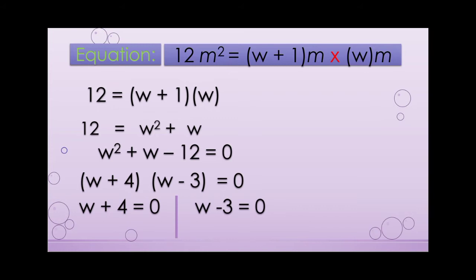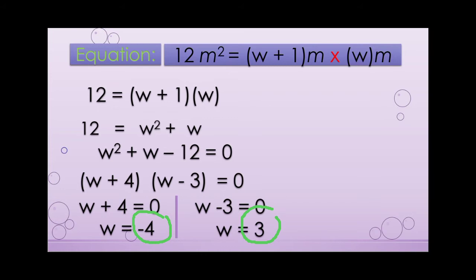Then, let us solve now for the value of W. For the first equation, we have W is equal to negative 4. And in the second one, we have W is equal to positive 3. Now, which of the two values of W do you think is the width of our garden?